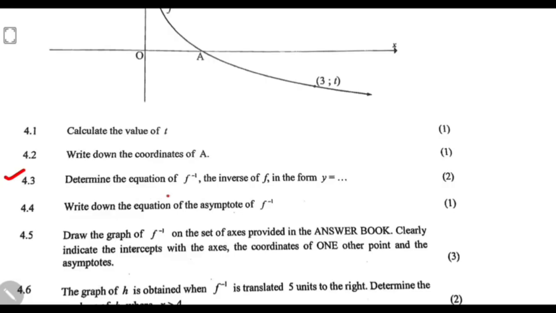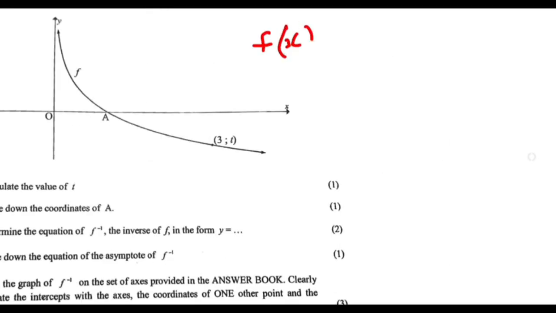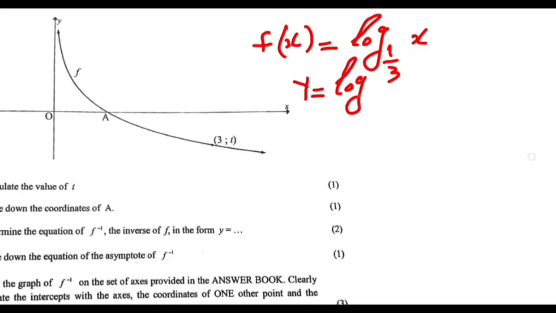4.3 says, determine the equation of f inverse, the inverse of f, in the form y equals. We have the original function f of x equals log of x to the base 1 over 3. Now we need to find f inverse. First swap x and y. Remember y is equal to f of x, so y is equal to log of x to the base 1 over 3.